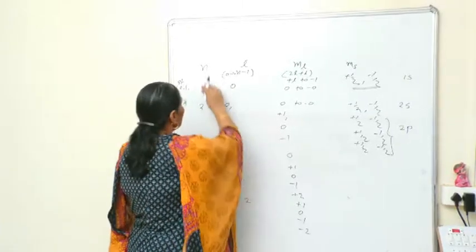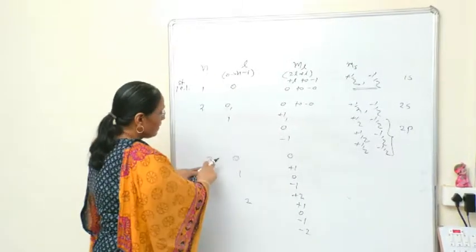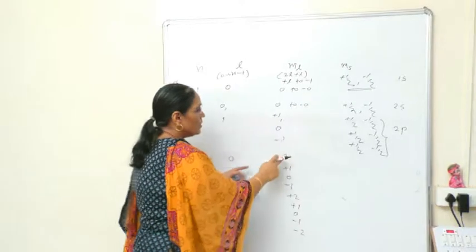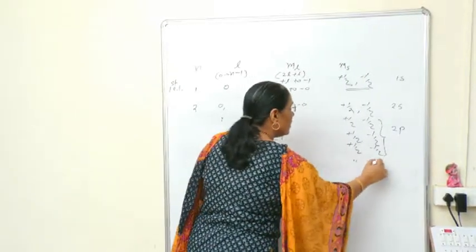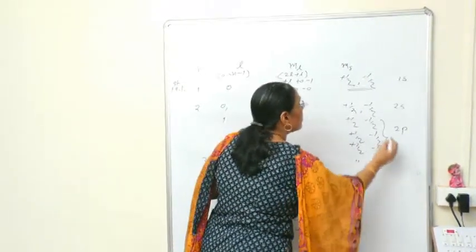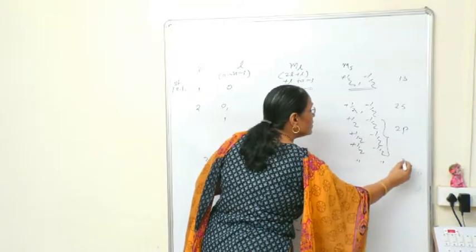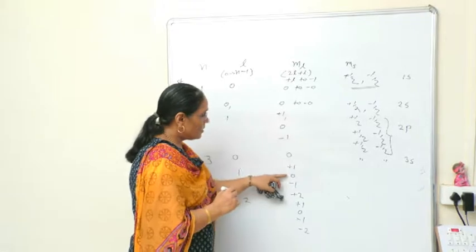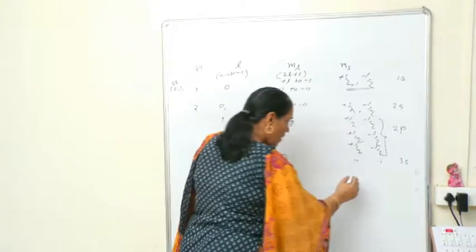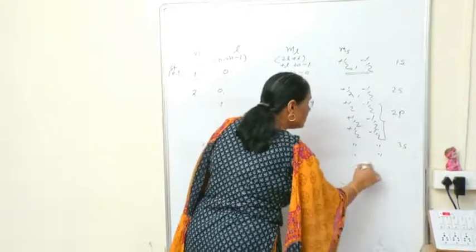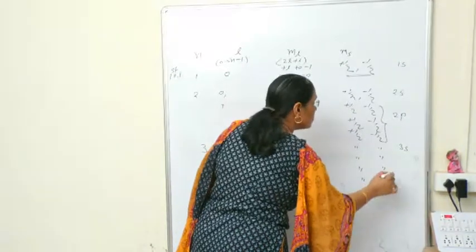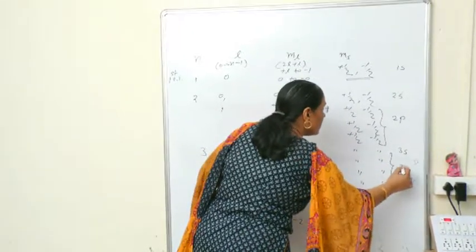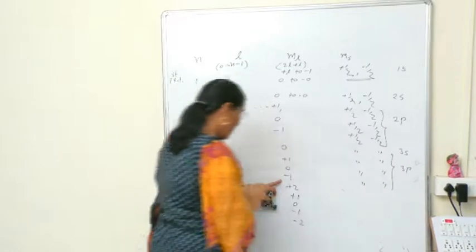So for the third shell, when ml is 0, again there are 2 electrons and the corresponding orbital is the 3s orbital. For plus 1, 0, minus 1, again a total of 6 electrons, and so the orbital is the 3p orbital.